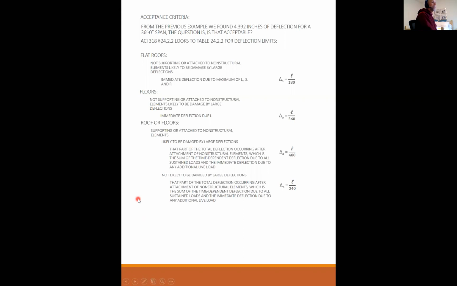If it is not likely to be damaged by large deflections, then this is all the same statement, L over 240. So these are your deflection criteria. You have to read through these and see which one you have and compare it to your acceptance criteria.